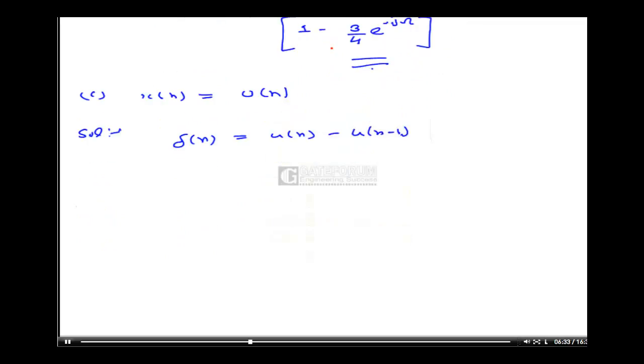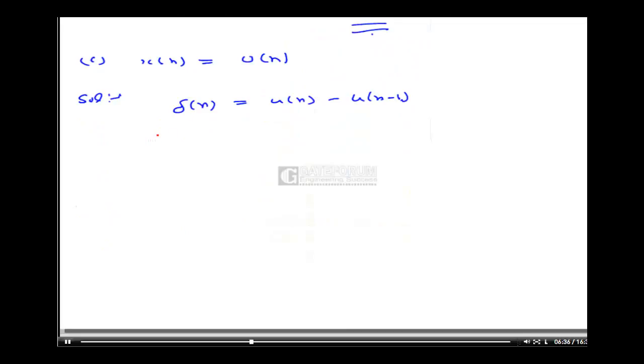Now delta[n] has the DTFT as 1. This is equal to 1 minus e to the power minus j omega times X(e^j omega) by the time shifting property.